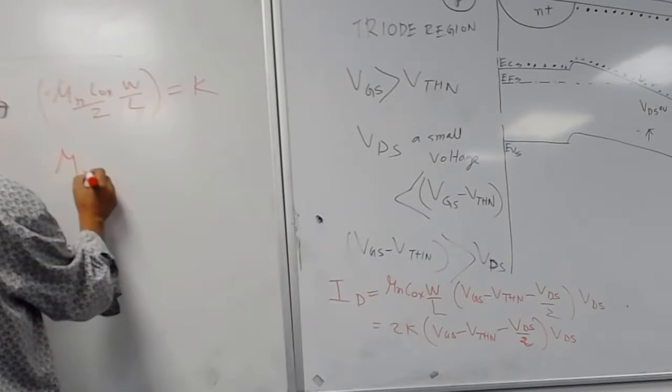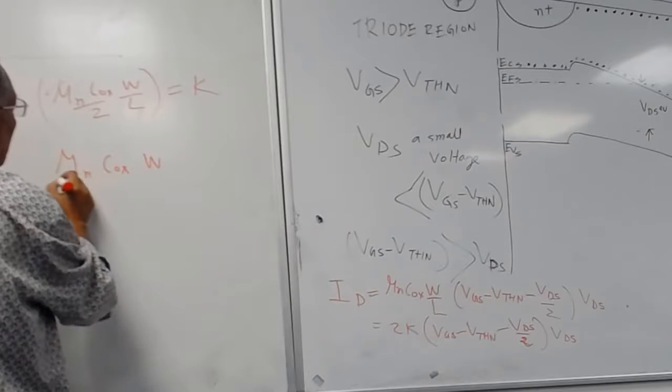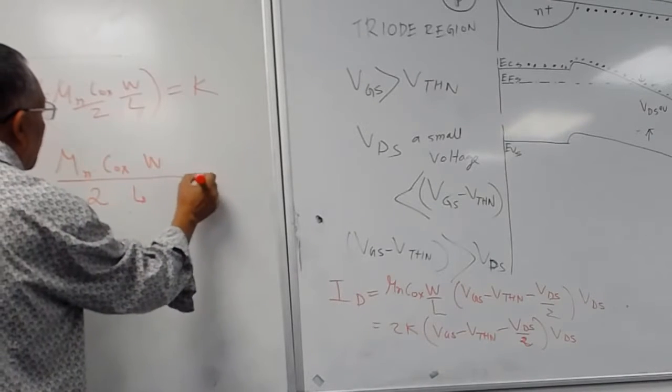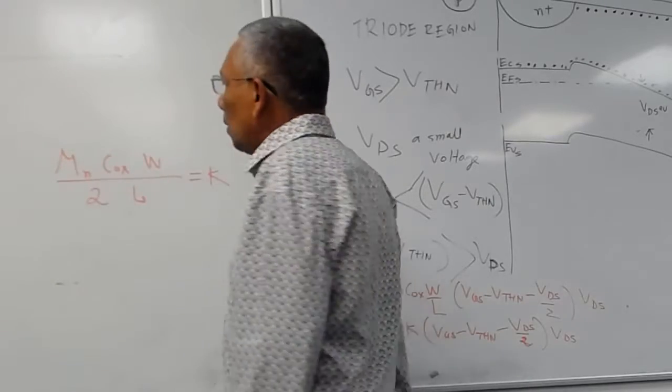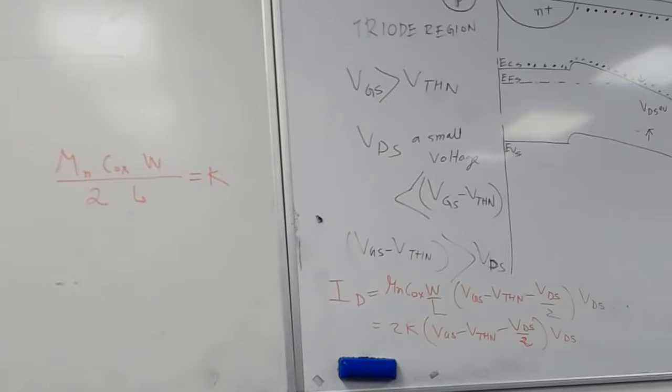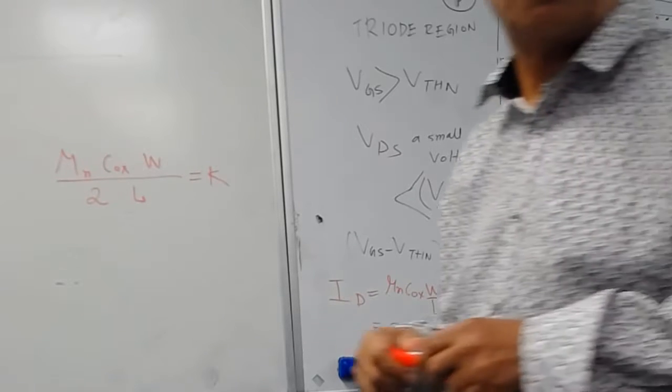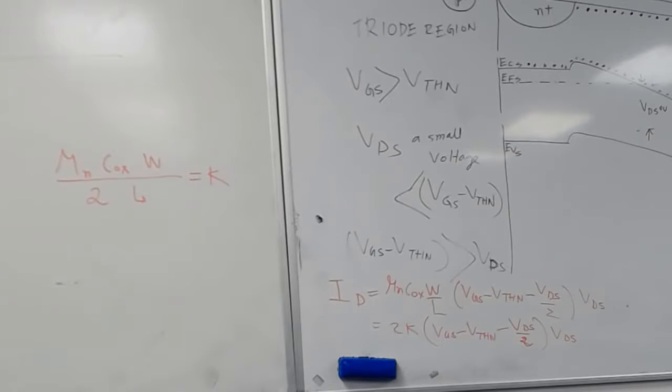Yeah, so it's mu n into C oxide into W, divided by 2 into L, equal to K. So that whole thing we call K. Where is length? Length is here. Length is not here.